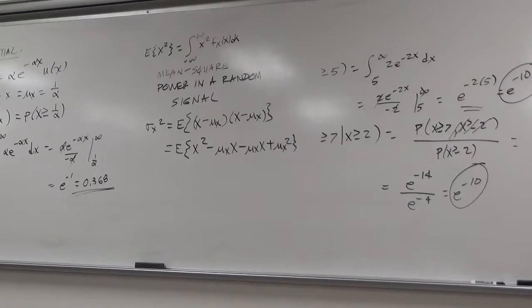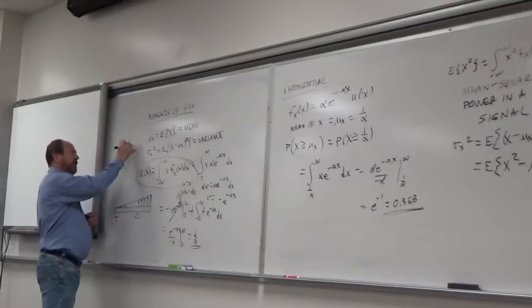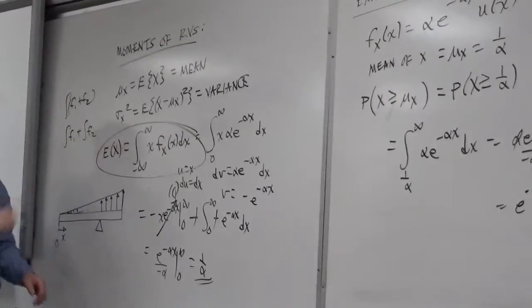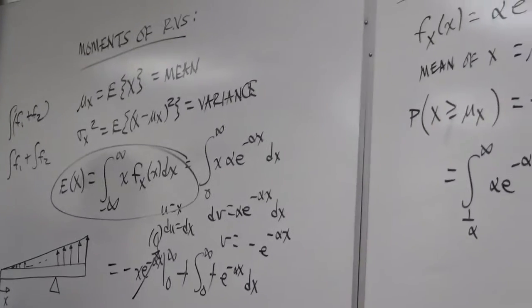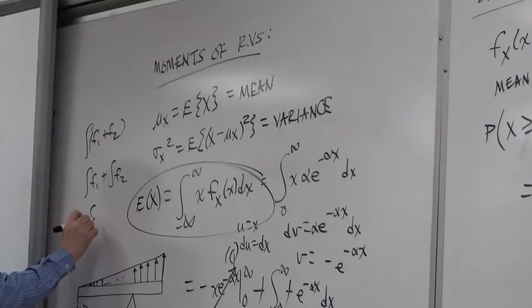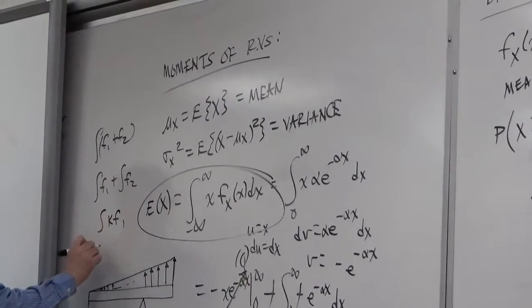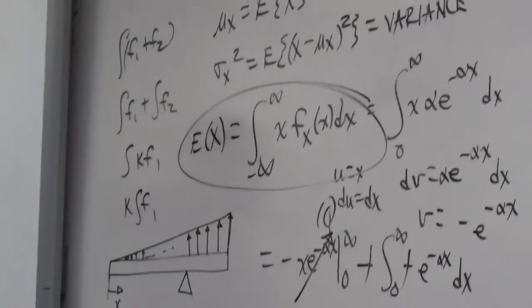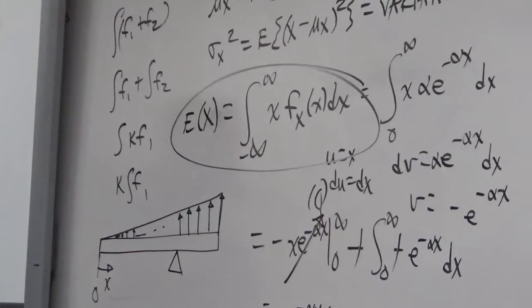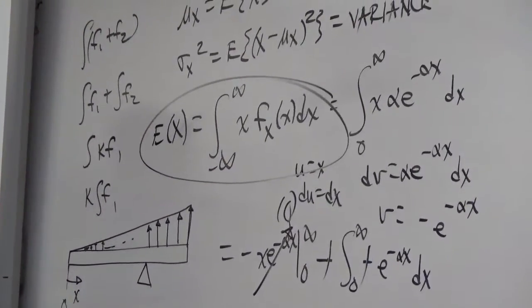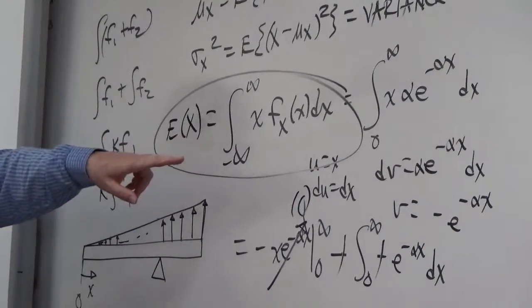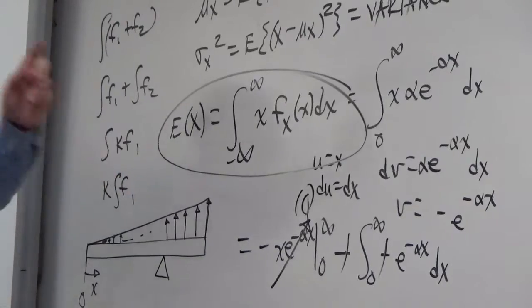If I integrated f1 plus f2, can I write that as the integral of f1 plus the integral of f2? I can. And if I integrate k times f1, can I pull that k out? Yeah, if k is constant. That's proof right there that integration is linear, and because expectation is an integral, it's linear.